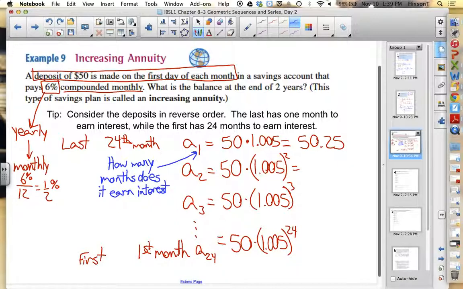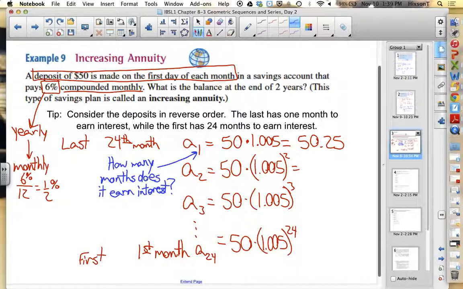So our last deposit is only earning interest for 1 month. Our next to last deposit gets to earn interest for 2 months. Our very first deposit gets to earn interest for 24 months.